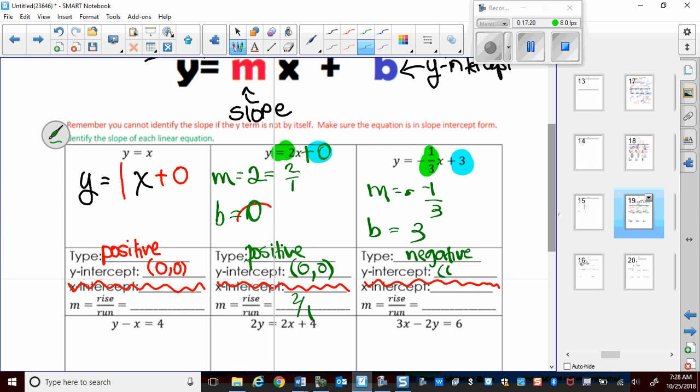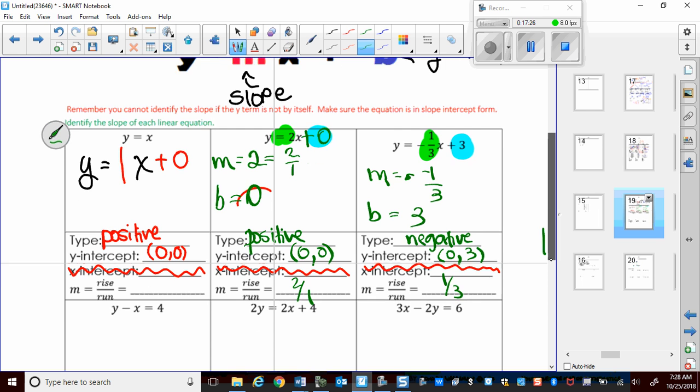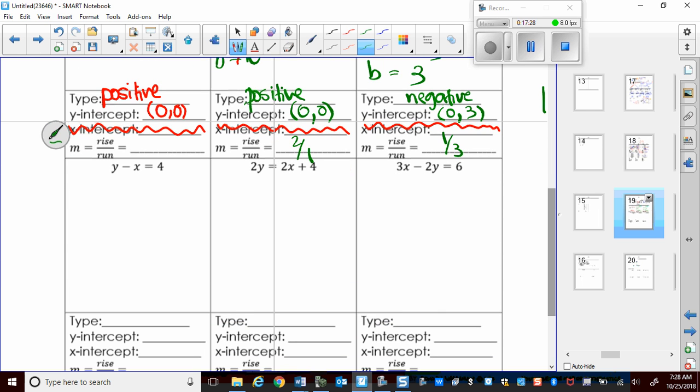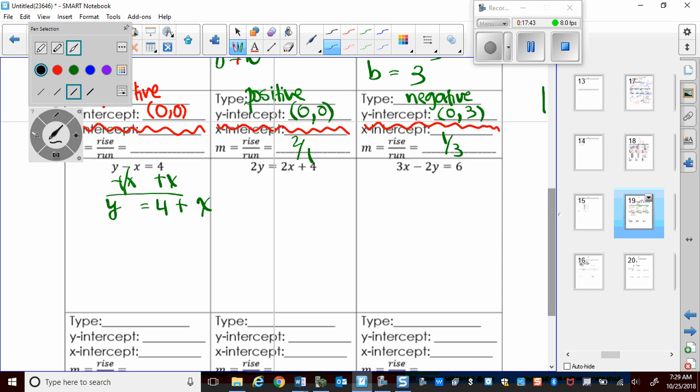Y-intercept is 0, 3. Rise over run, it's in fraction form, 1 over 3. Down here, we have to solve for y. So I'm going to move the x term over. Get y equals 4 plus x. Remember what I said, if there's no number in front of that x term, you put a 1 there. This is a 1.